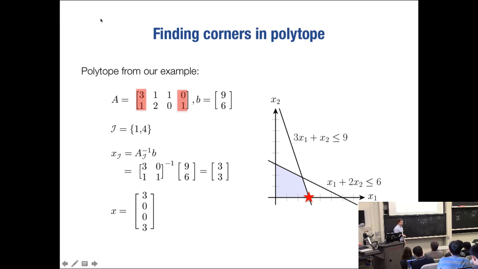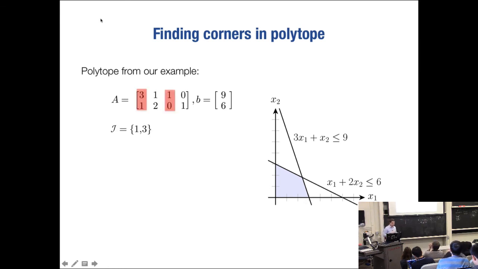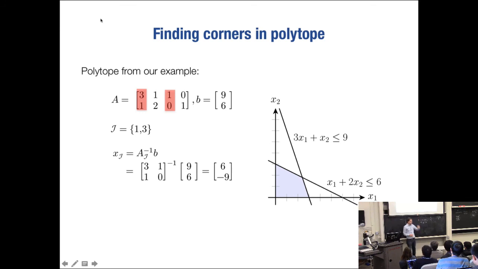Now, the interesting thing is, of course, not every point will have x bigger than 0 for the solution, right? So let's pick another one here. Let's pick those two, do the same thing, form the inverse, and what we actually get is a negative point here. So if I look at where this point lies in the space, this point actually lies here.